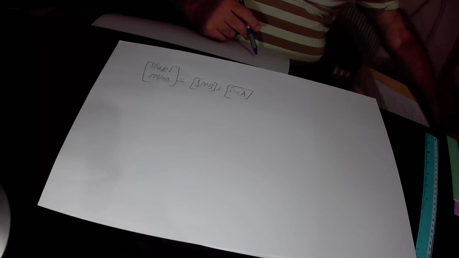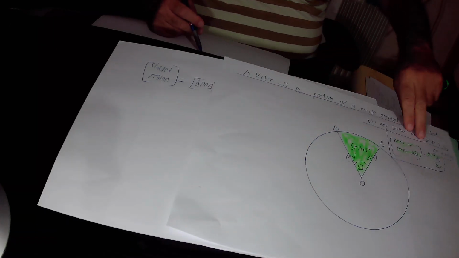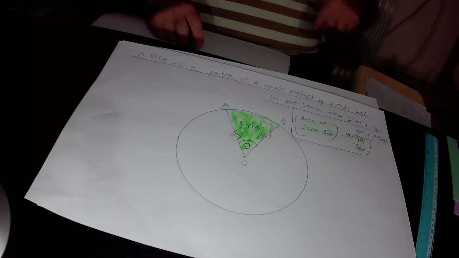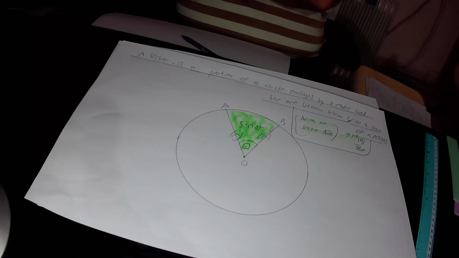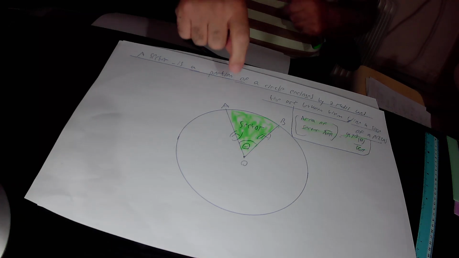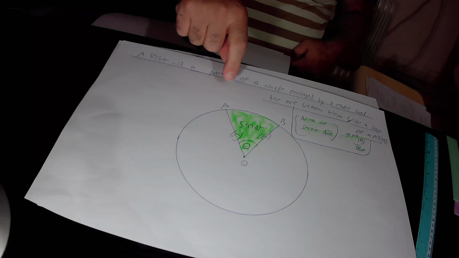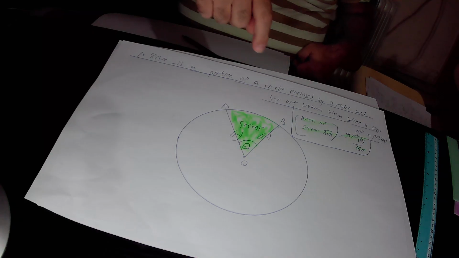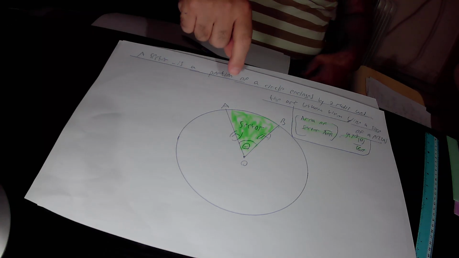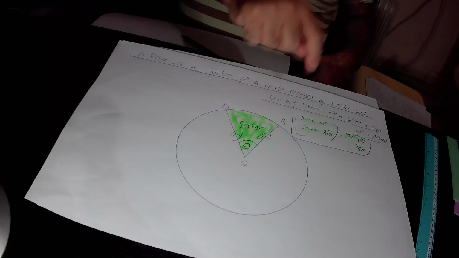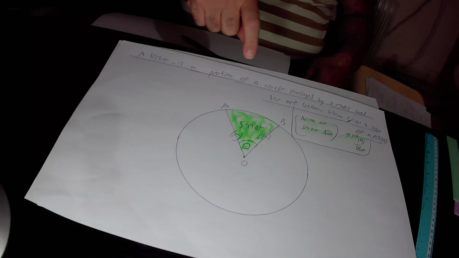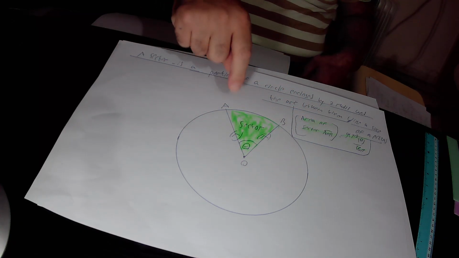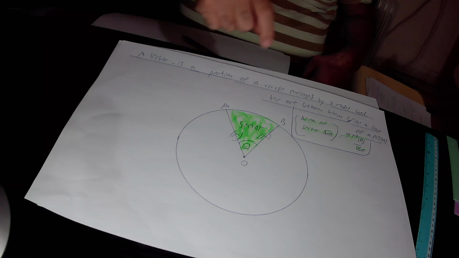So, what is a sector? A sector is a portion of a circle. The green shape AOB is a sector. It is like a slice of a pizza. It is a portion of this circle, consisting of those two radii and the arc between them. Again, a sector is a portion of a circle with two radii and an arc between them.